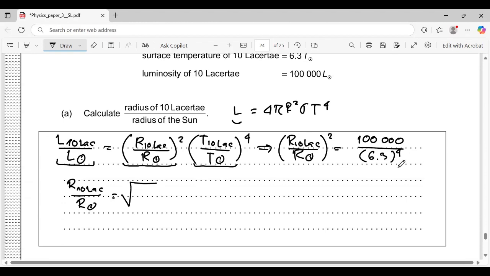If you calculate, the result is 63.47 and it is 7.97 or 8.0.